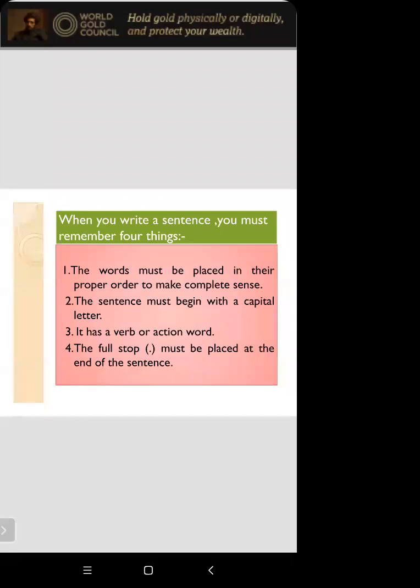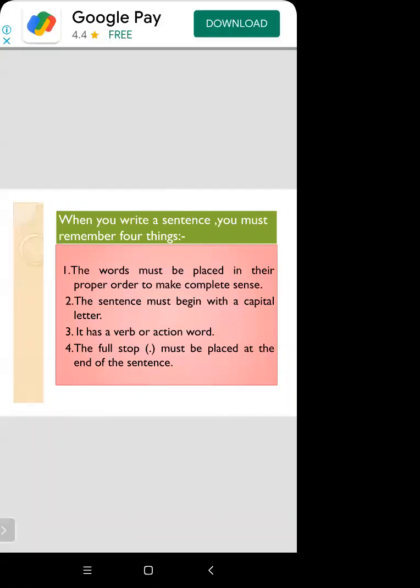Number 4, the full stop must be placed at the end of the sentence. We can put a question mark, we can put an exclamation mark at the end of the sentence, depending on what type of sentence I am writing here.